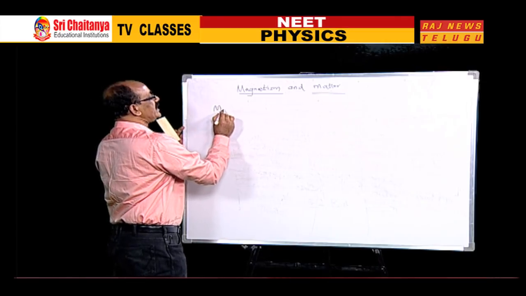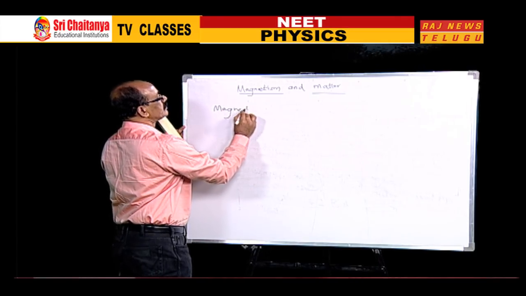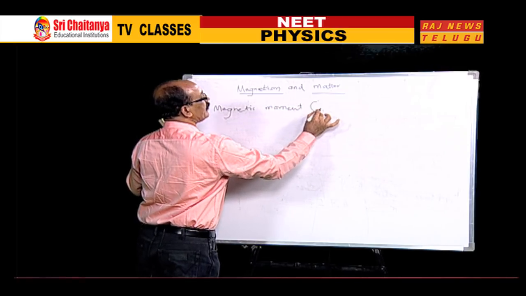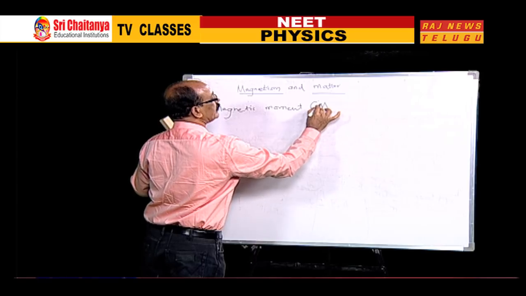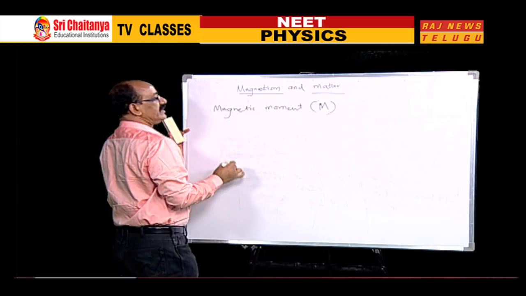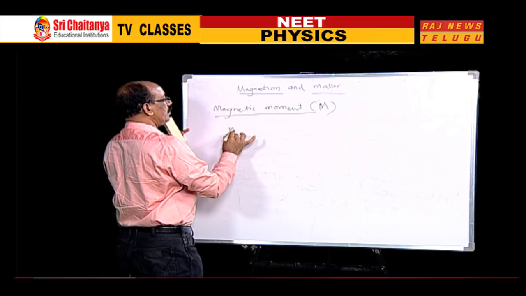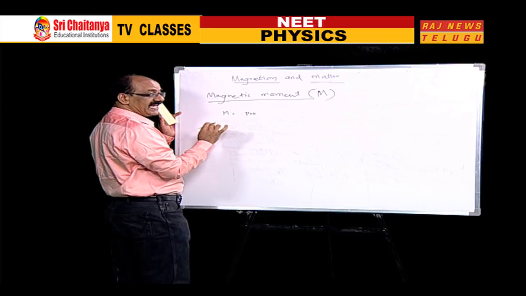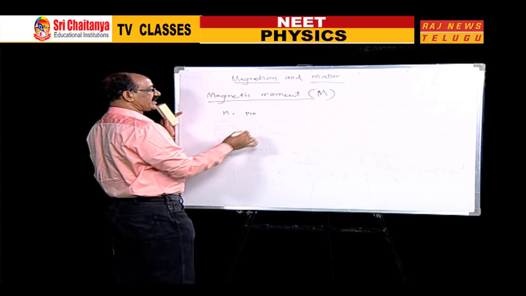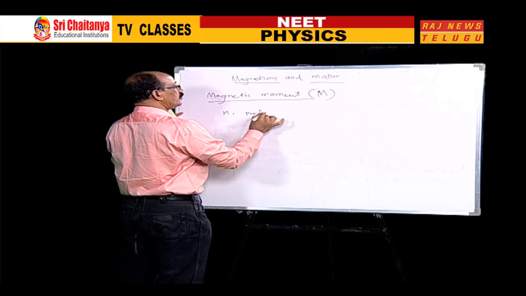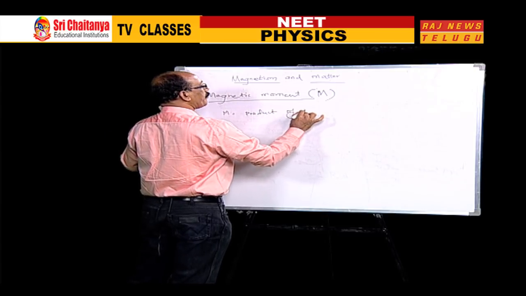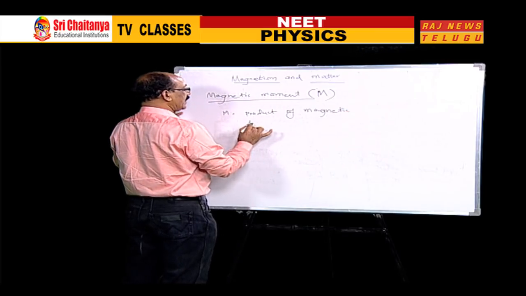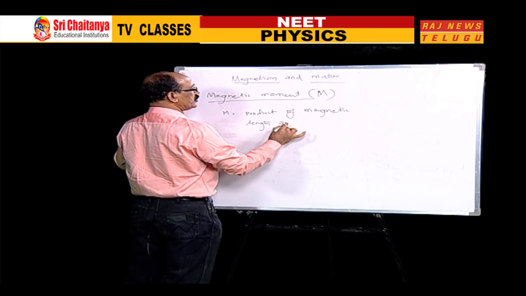The magnetic moment of any magnet is denoted by capital M. It is not defined as such, the definition we will come across from torque. It is equal to the product of magnetic length and pole strength.